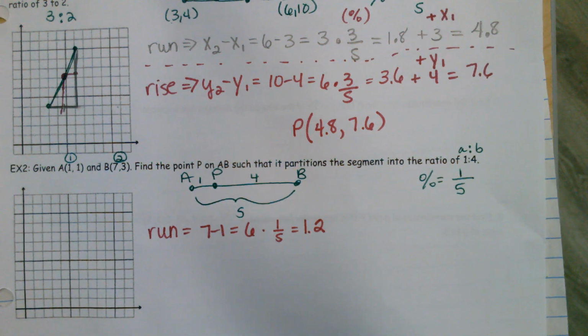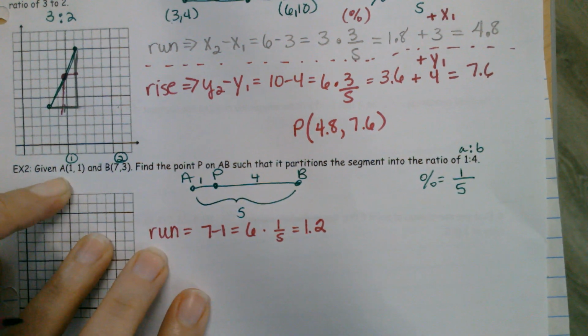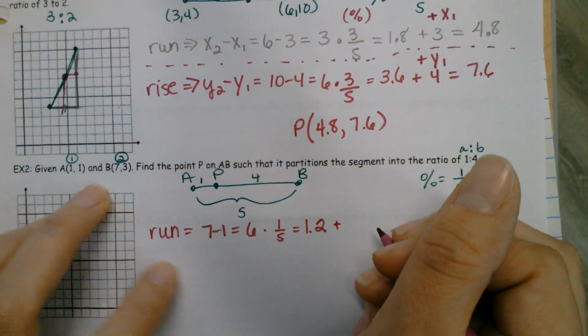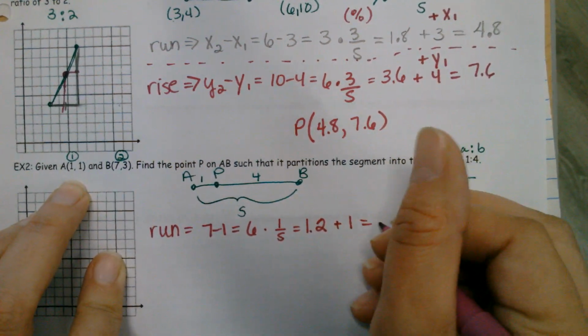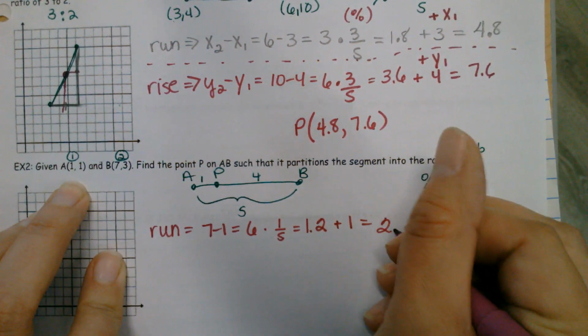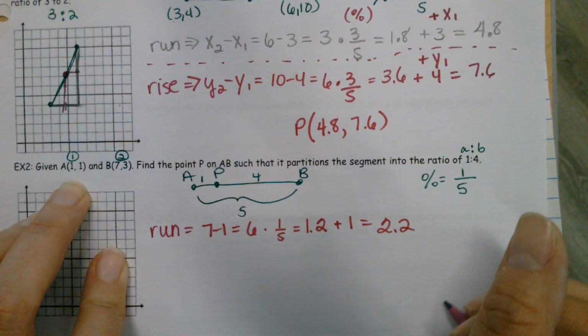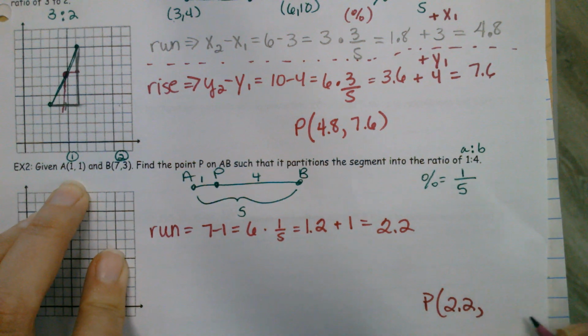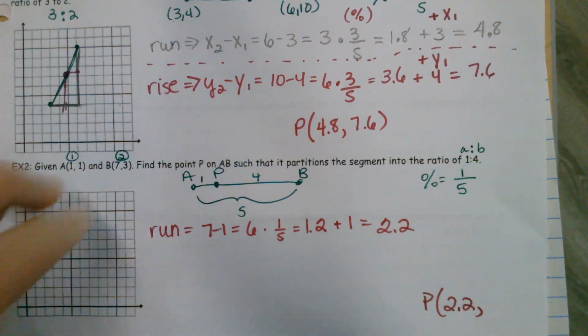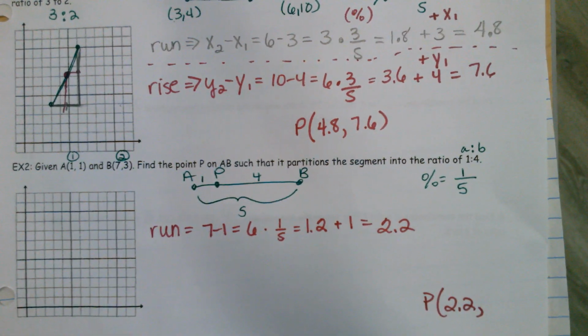So we have to add back what? X1. So we're going to add back not 7, but 1. So that gets me 2.2. That's my X coordinate. So I can start writing my final answer as 2.2 comma whatever my Y coordinate is. Yes, JJ.